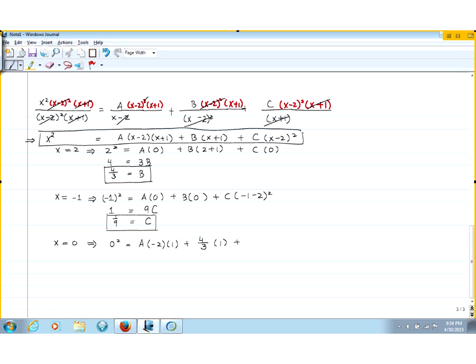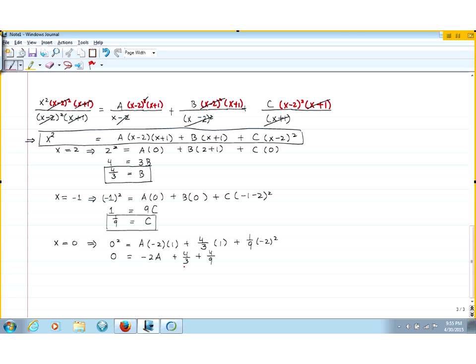So practically I'm using this equation right here for each one of my equations. So 4/3, and then the C is 1 over 9 times -2 squared, since 0 minus 2 is -2. So 0 is -2A plus 4/3, plus 4 over 9.